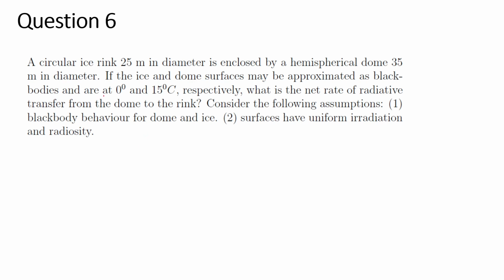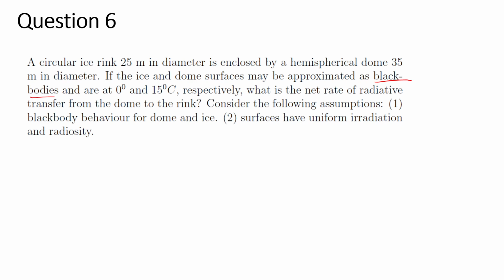So in this question, we have been given a circular ice rink 25 meter in diameter enclosed by a hemispherical dome 35 meter in diameter. If the ice and dome surfaces may be approximated as black bodies at 0 degrees Celsius and 15 degrees Celsius, what is the net rate of radiative transfer from dome to the rink?